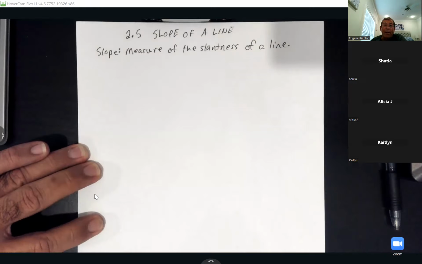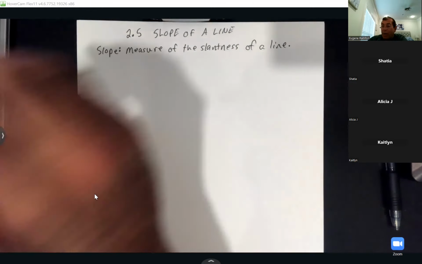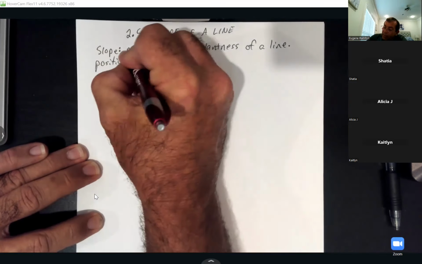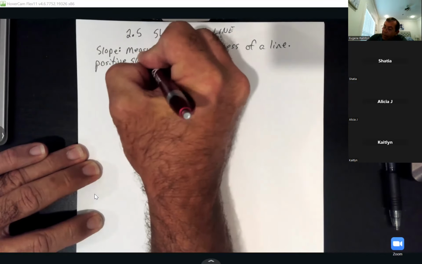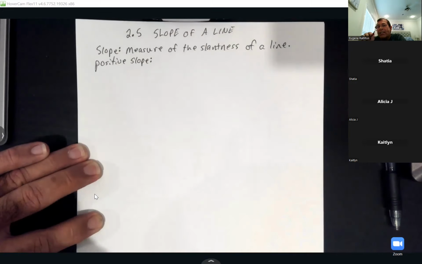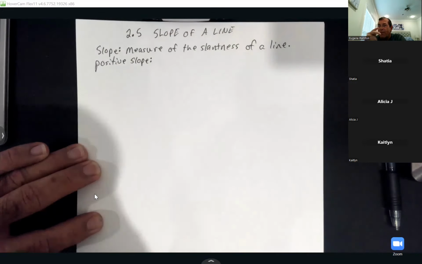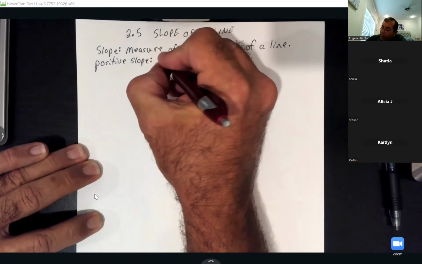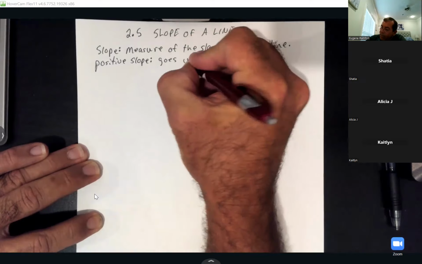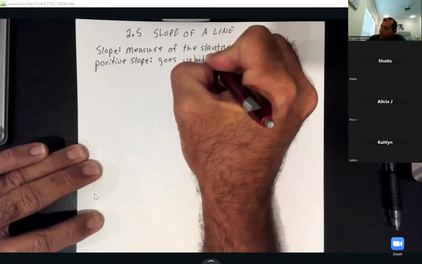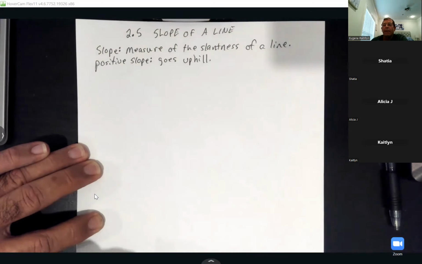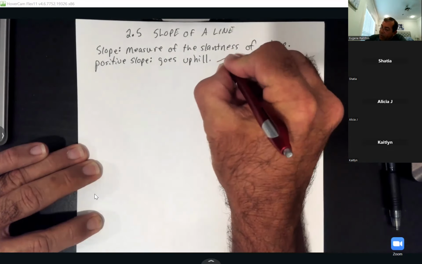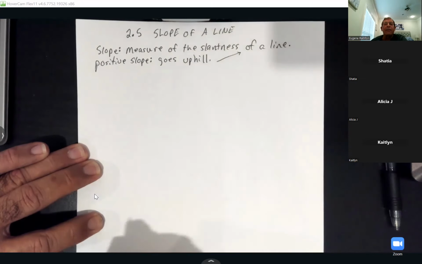Now, some things we know about the slope. If the slope is positive, and you always read your lines from left to right on the graph, okay? So going left to right, a positive slope goes uphill. It's going to sort of rise as it goes to the right.